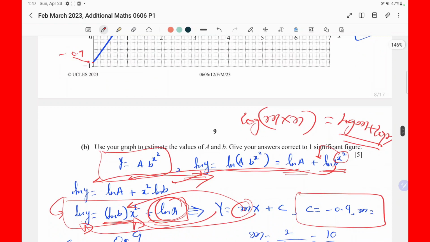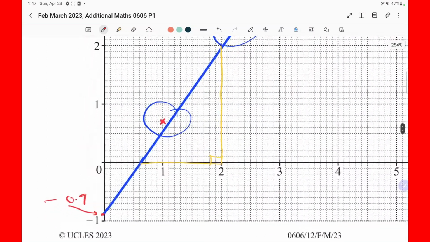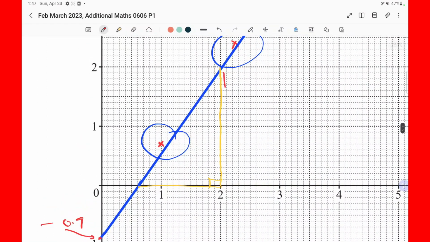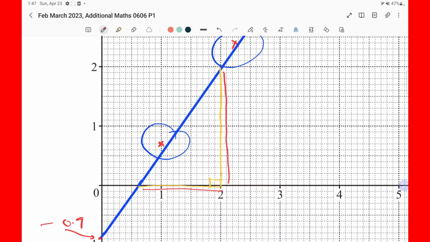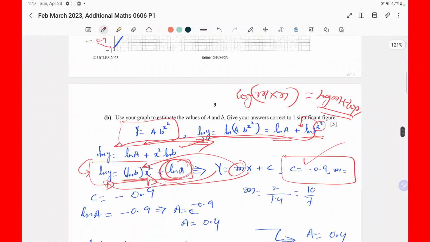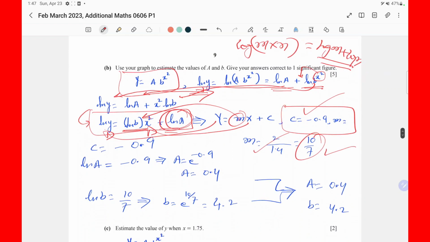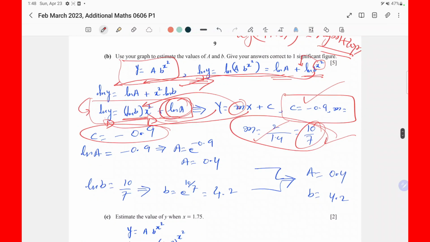So that's why I have written c as minus 0.9, and m is the gradient. For the gradient, I tried to draw one right angle triangle here. You can observe here and here. This length is approximately 2, and this is 1.4. So m is change in y over change in x, so 2 over 1.4, which is 10 over 7. So I got m.